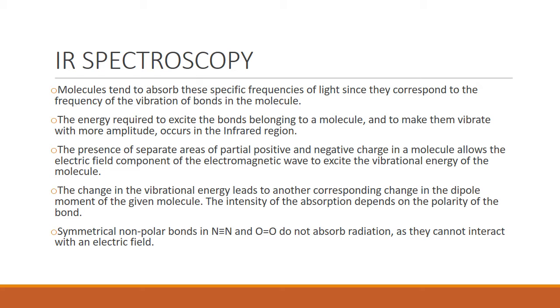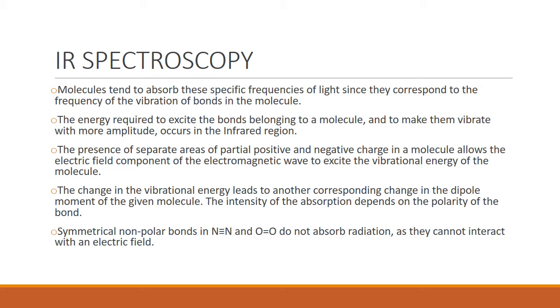IR spectroscopy dictates the frequency of infrared lights that are absorbed by a molecule. As I have already explained, molecules may absorb a certain range of infrared lights, and by studying how much energy is absorbed, we can identify what type of molecule it is. Molecules absorb specific frequencies of light since they correspond to the frequency of vibration of the bond.